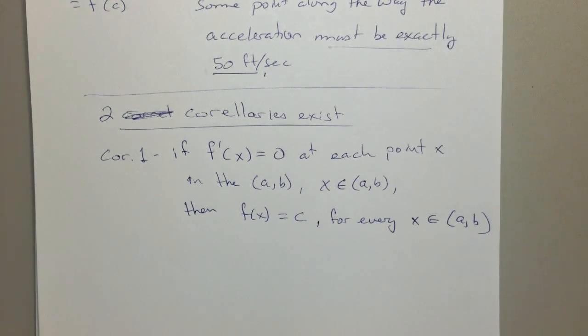Let's look at this as: if f prime of x equals 0 at every point in the open interval, then f of x has to equal c.